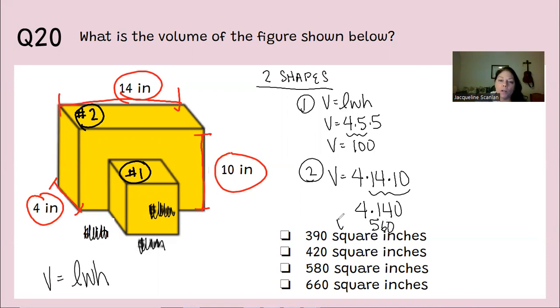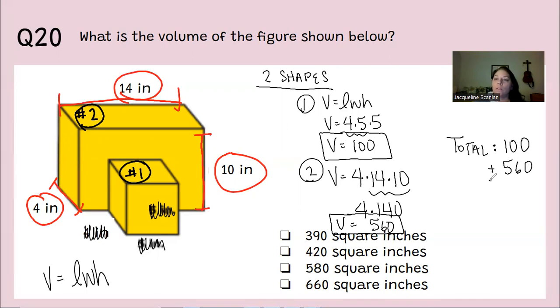So the volume of the rectangular prism in the back is 560. The volume of the rectangular prism in the front is 100. The total volume is going to be those 2 numbers added together. 100 plus 560 gives me 660. And again, it's a 3-dimensional figure, so it's cubic inches or inches cubed. Final answer.